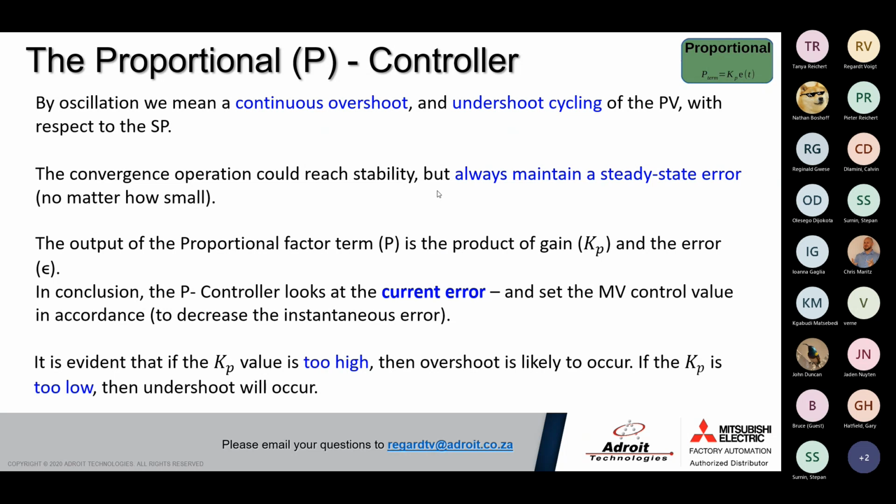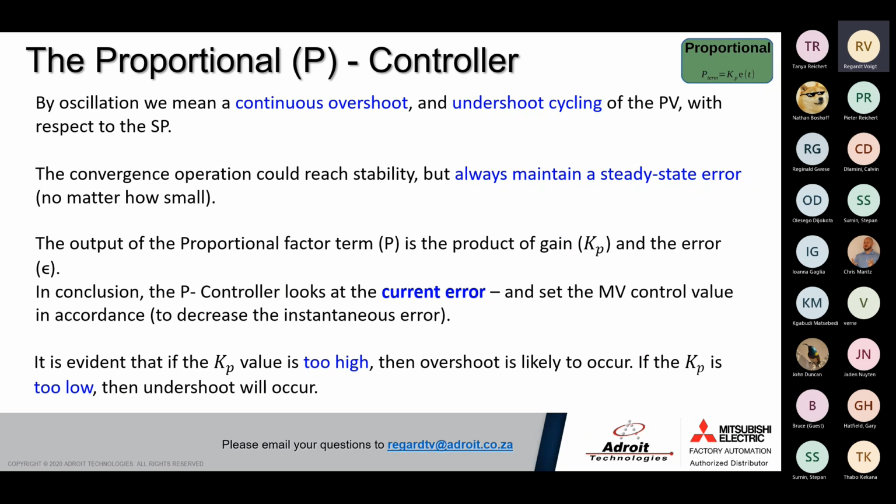Okay, so we discussed the overshoot and undershoot. And when the convergence is reached, in other words, it's stabilized, then you'll have your steady state error. So this is the effect if you only look at the current error. You don't look at the historical error, and you don't look at the future error, your rate of change error.